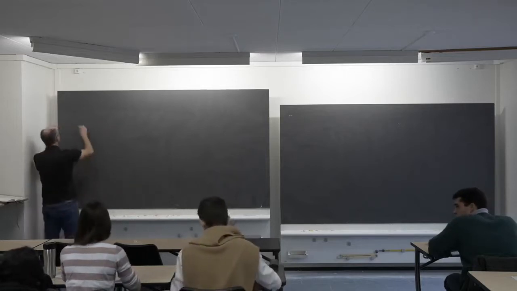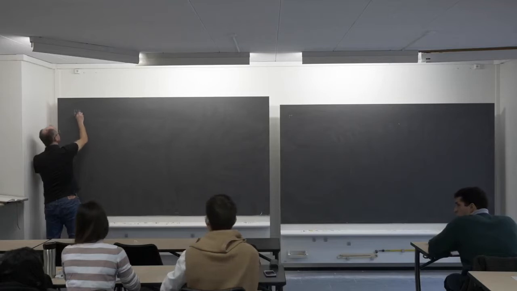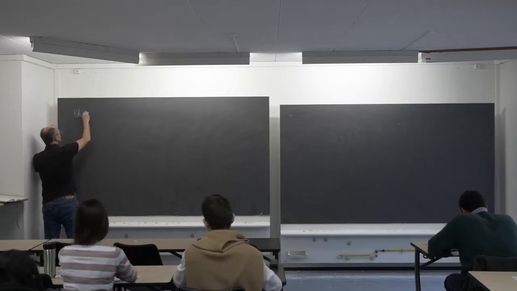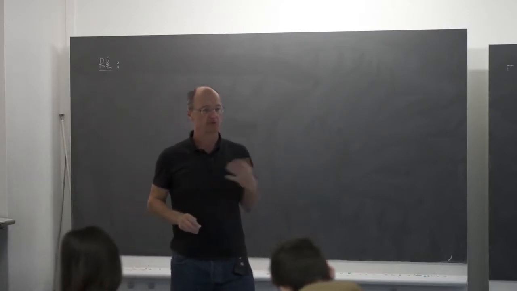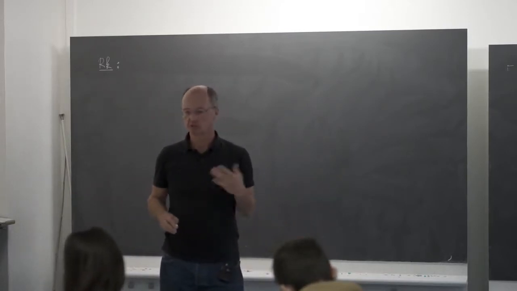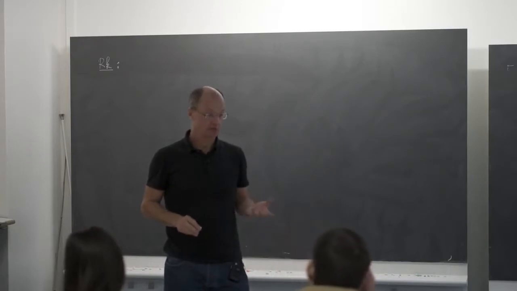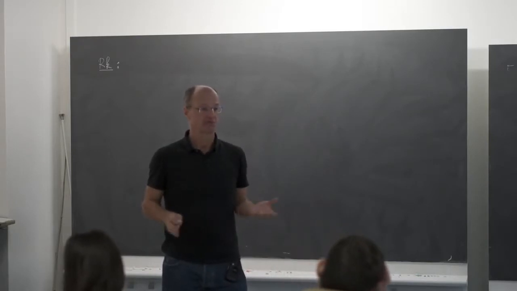So maybe let me start with a remark. Remember, in the finite dimensional setup, self-adjoint operators were our observables. And observables formed a vector space, right?